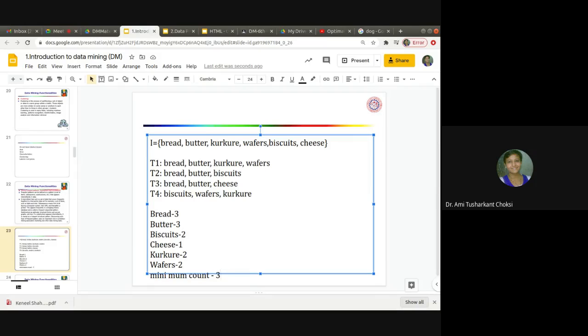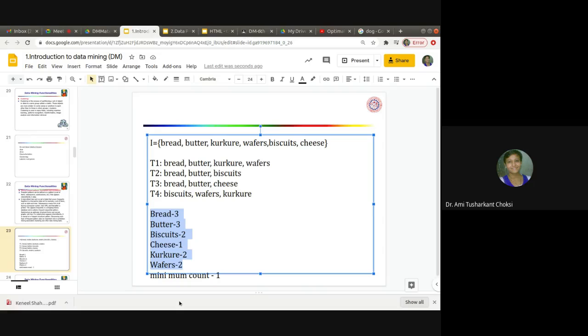Whether it is most frequent or not, it should be frequent, right? So for that, we should have some threshold value, that is the minimum count. So we can say that the minimum count is, for example, 2. Then which items are frequent? Bread, butter, biscuits, kurkure, and wafers, right? If it is changed, and in the problem statement it is given as 1, then you can say all the items in these transactions are frequent, right?